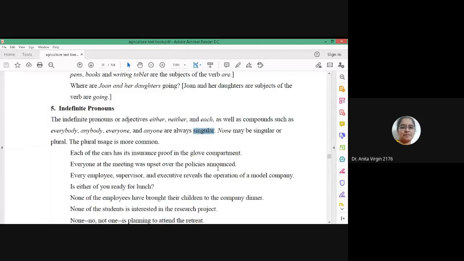When all these come, we should use only a singular verb. Only for one thing, none, it might be singular or plural. It depends upon the subject that we are using. Now see the example. Each of the cars. We are using cars, but the verb should be singular. Why has? I'll just say something about the have verb also for you, so that it will be easy for you.